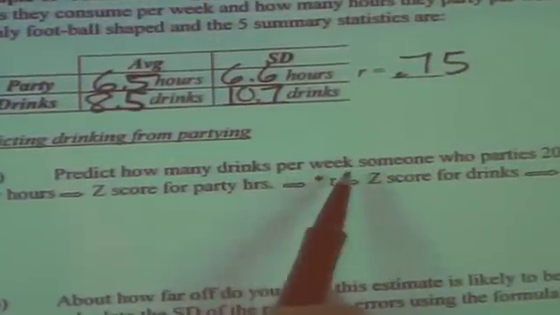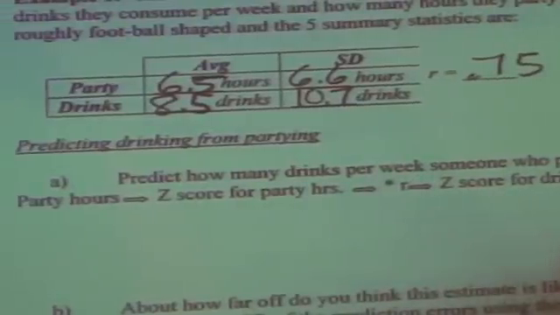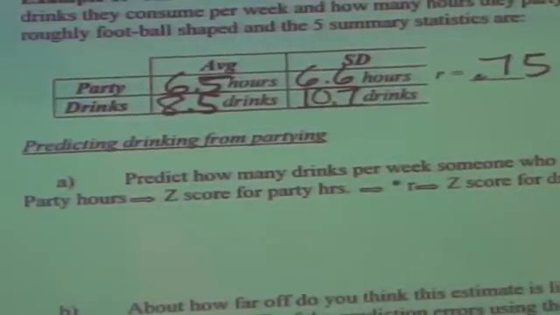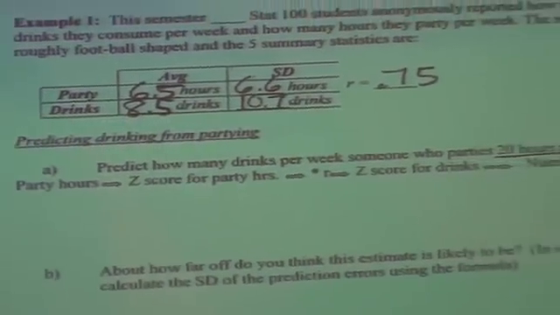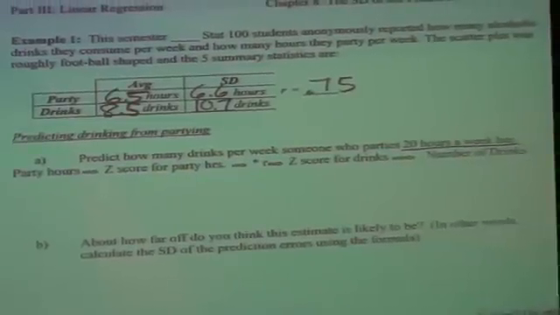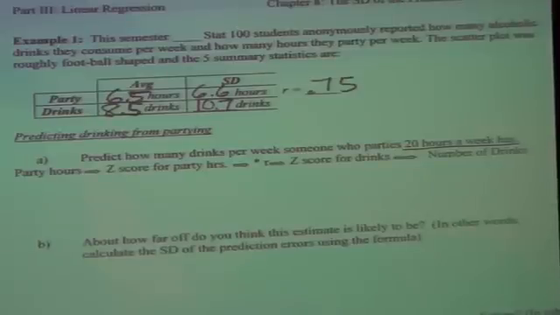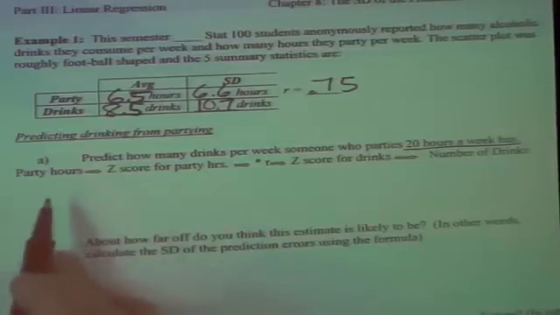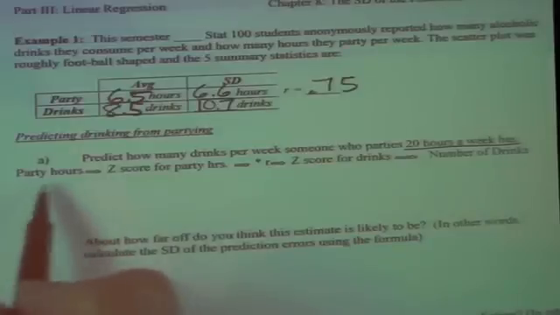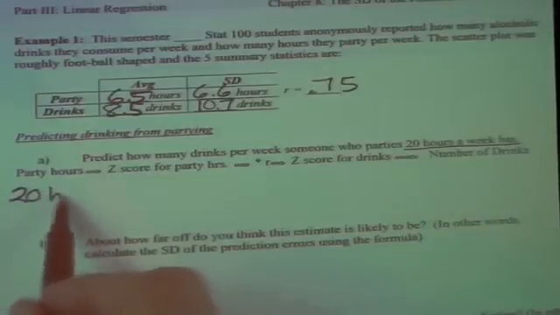Let's predict how many drinks per week someone who parties 20 hours a week has. Anybody in here party 20 hours a week? Okay, this goes out to you. We'll see how close it is to your drinking behavior. So we're going to start with 20 hours right here, and we need a calculator.